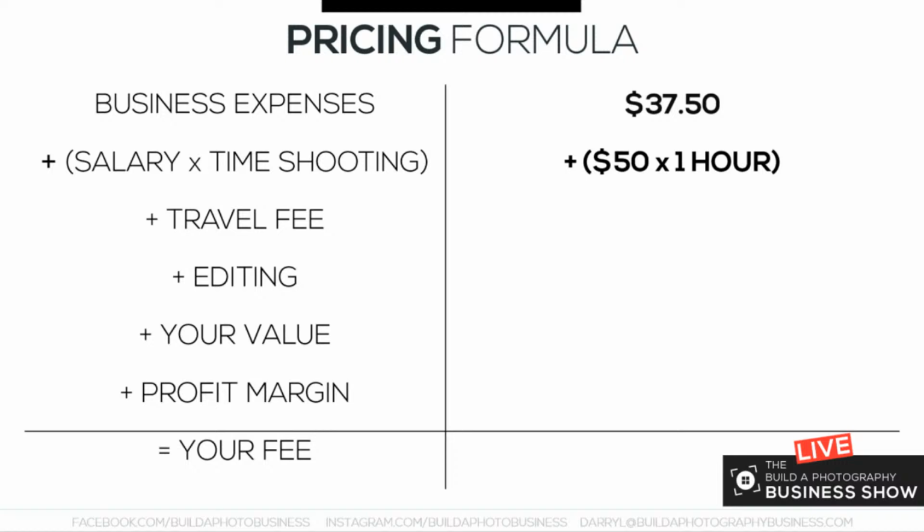So if your hourly rate is $50 and it takes you 1 hour to shoot a video, then add $50 to your formula. Then we'll add a travel fee, okay? But if you're already at the property because you're also doing a photo shoot, then you would probably remove this fee because your time spent traveling to and from the property is already covered by your photography fee, okay?